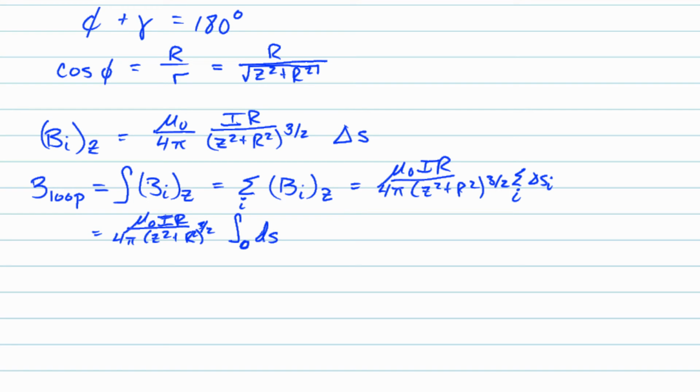So if we take a look at the smallest distance we could travel around this loop, it is going to be 0. The largest length that we can travel around this current loop is going to be the circumference, which is 2 pi capital R. So that will be our limits of integration here.